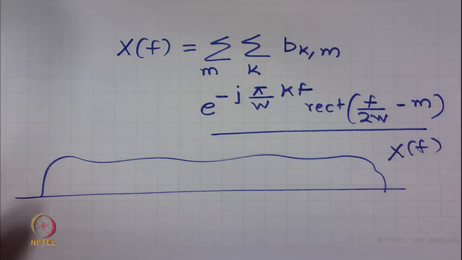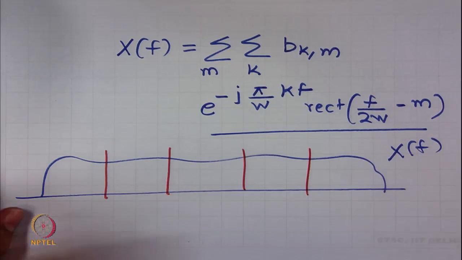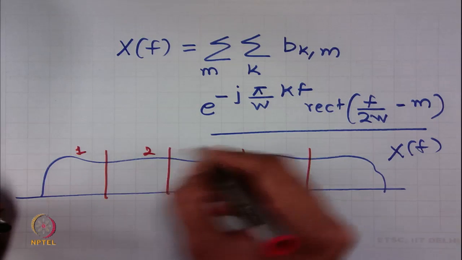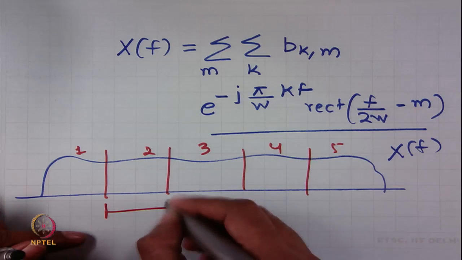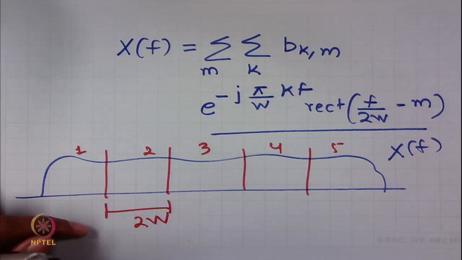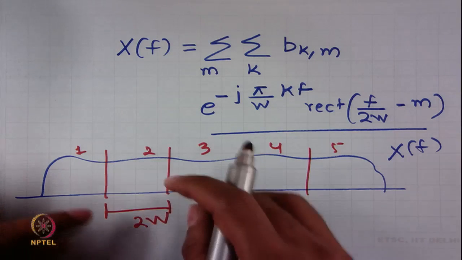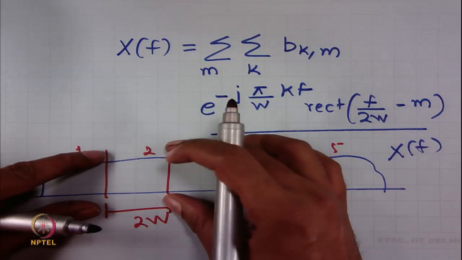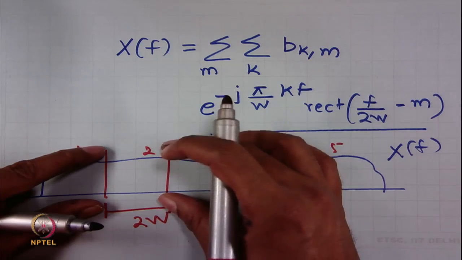If I divide this spectrum into segments, and let us assume that each segment is of bandwidth 2W, then while considering a segment at a time, I can obtain these coefficients for these segments.